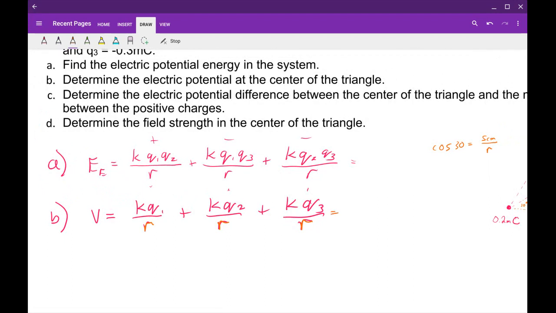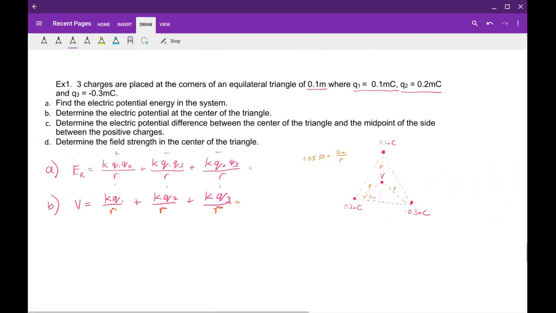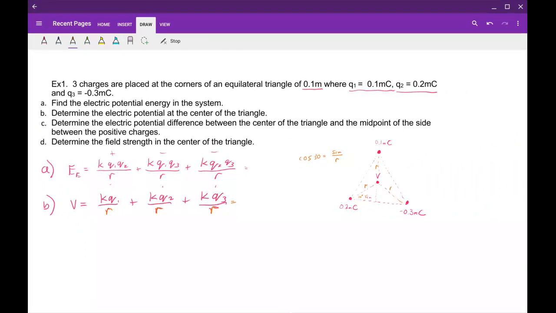You would get some number. Let's interpret what that number means. That number is the energy required to move 1 coulomb from some location infinitely far away to right there, the center of the triangle. Infinitely far away could be over here or over here, it doesn't matter.